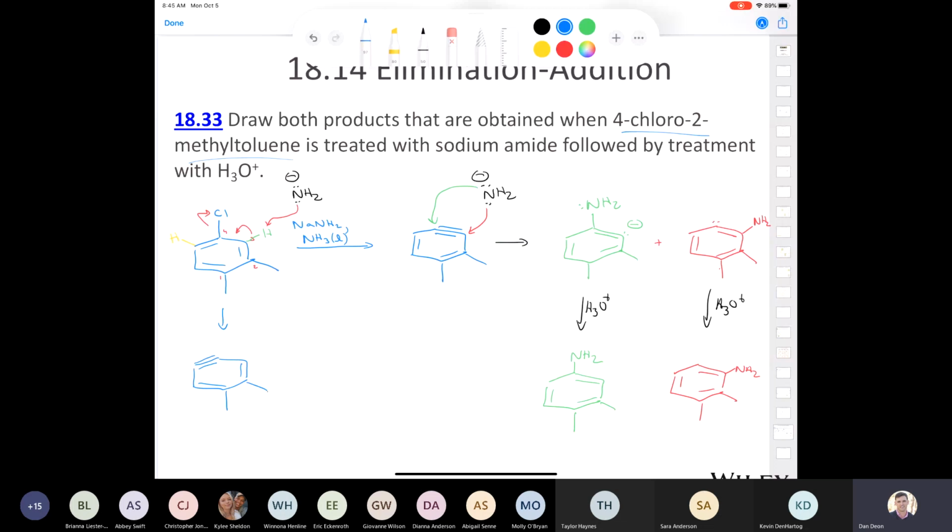But if you draw the product of the attack of the amide on this, you're still going to end up with the two same compounds. You're going to end up with just more of that compound. So those are the only two products you can form, Andrew.